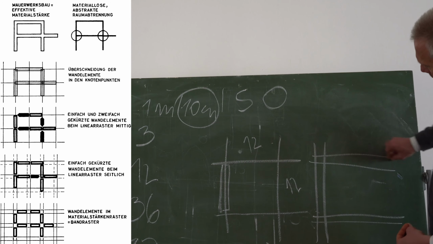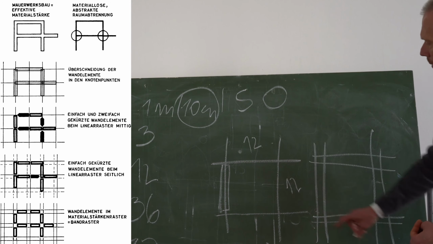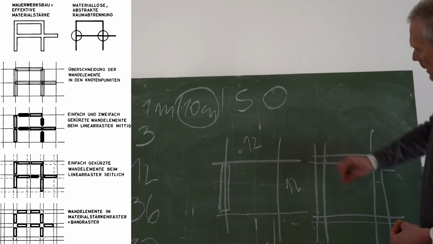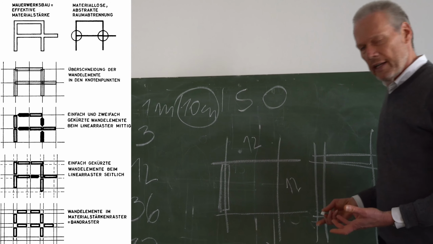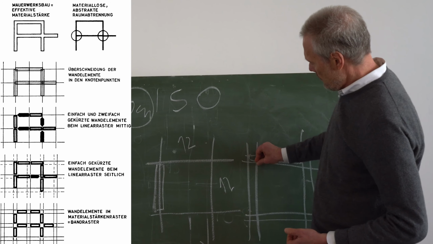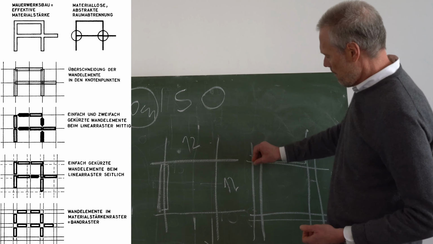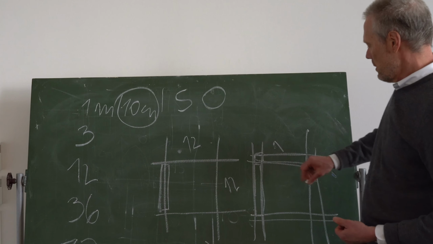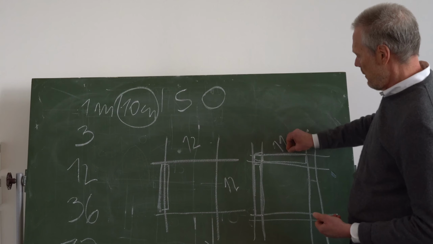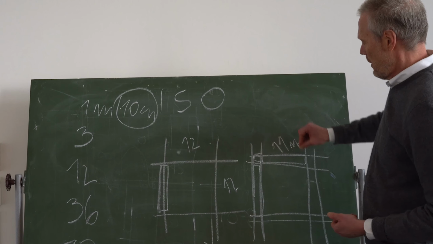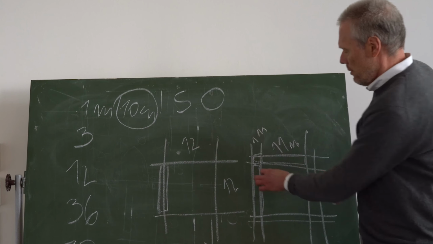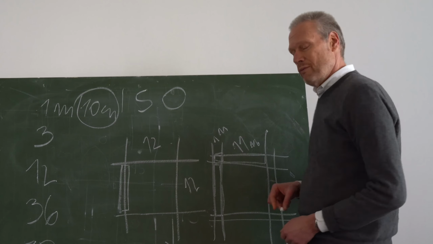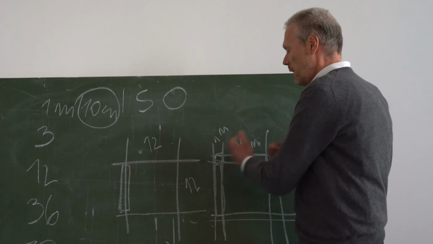Band grid means that I'm putting my elements here. So the band grid has the disadvantage that I have to use a special connector here to link the normal elements, which would then have 11M, and this would be 1M, so 10 centimeters for the wall thickness and 1.10 meters for the element.